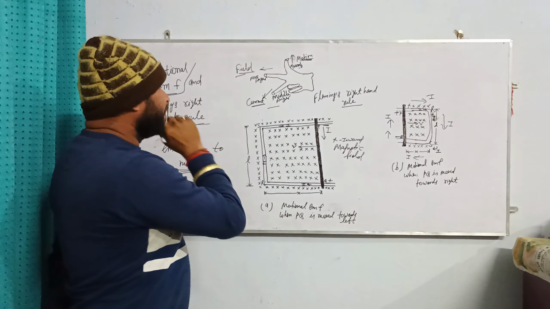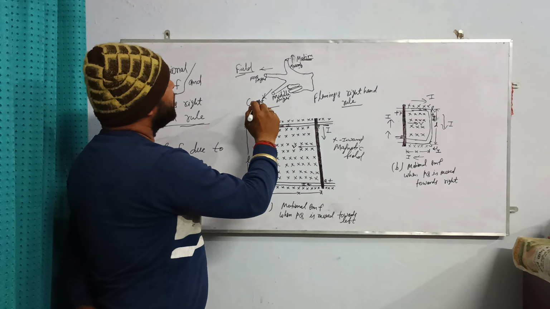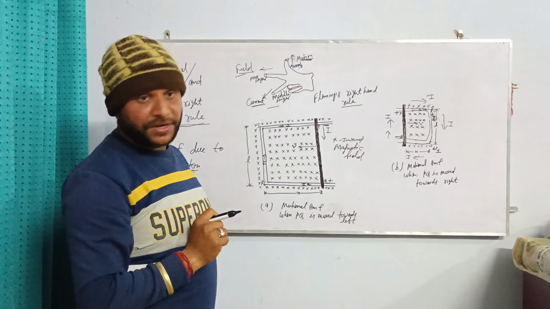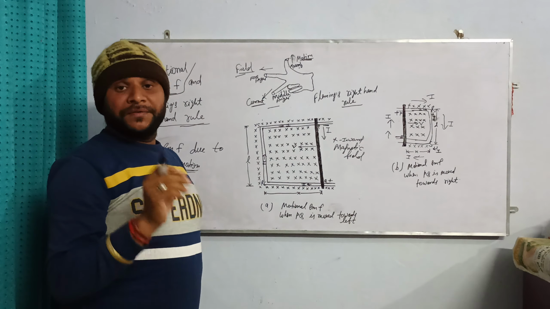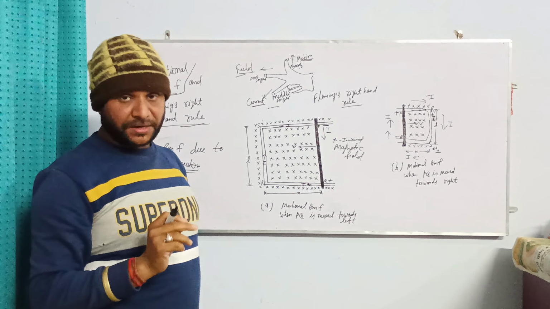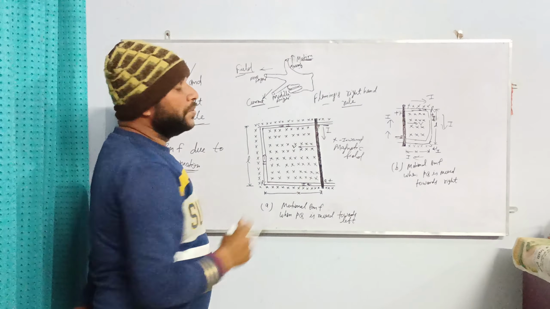Again repeating, if the thumb represents the direction of the motion of the conductor and the forefinger represents the direction of the magnetic field, then our middle finger will represent the direction of the current flowing in that conductor. Okay, students, this is the statement of Fleming's right hand rule.